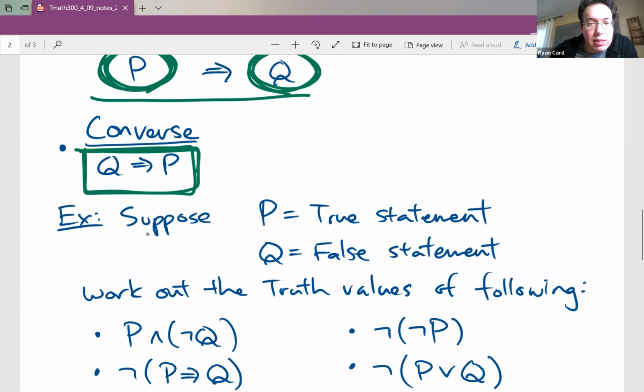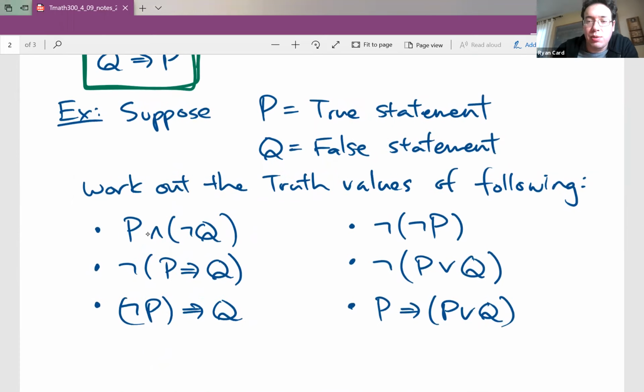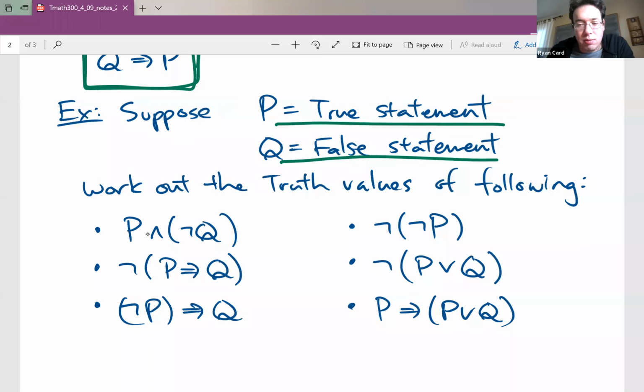So let's practice with evaluating truth values. Let's say P is whatever statement that's true, and Q is a false statement. Below I have 6 different expressions that combine one or more connectives that we used earlier.